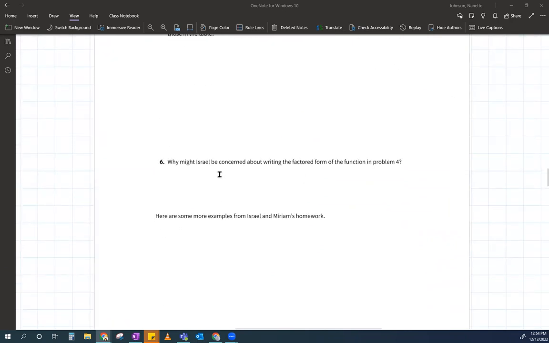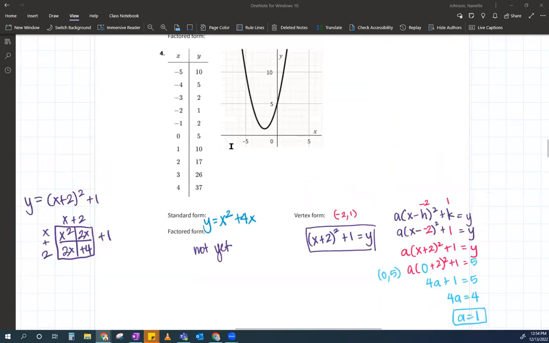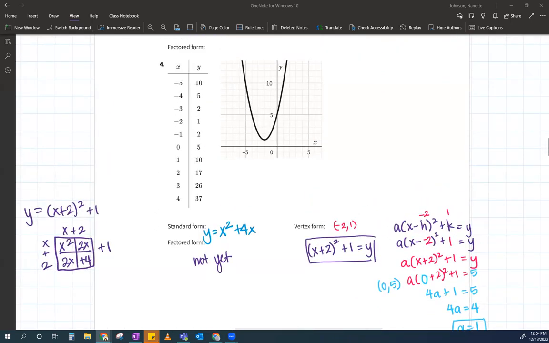It says, why might Israel be concerned about writing the factored form in problem 4? Tell me, why would he be concerned about this? What doesn't he have? Very good. He doesn't have x-intercepts.